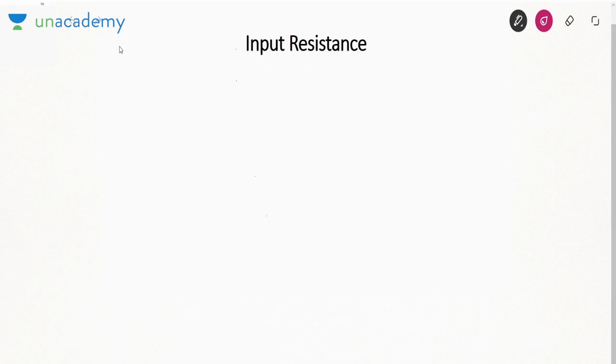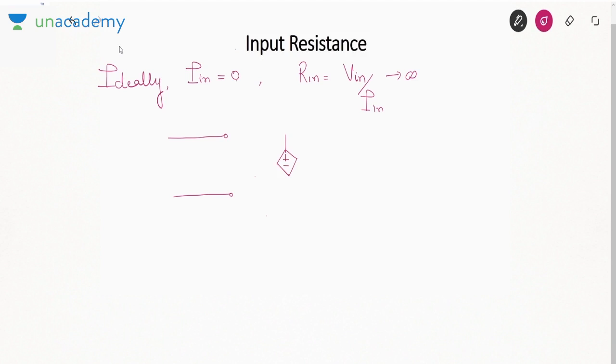The next term is your input resistance. Ideally we say that input current to the op-amp is 0. If input current to the op-amp is 0, the input resistance Vin by In will tend to infinity. Or we can say, when we are drawing the model of the op-amp, we will show these terminals as open circuited. This voltage will be Vin. This is AV into Vin in series with R0.